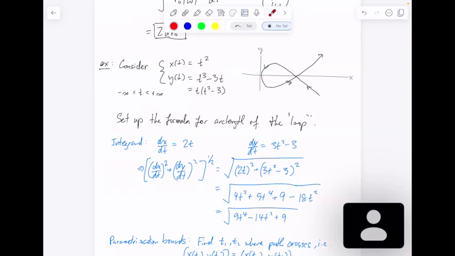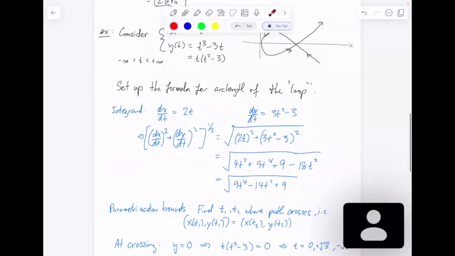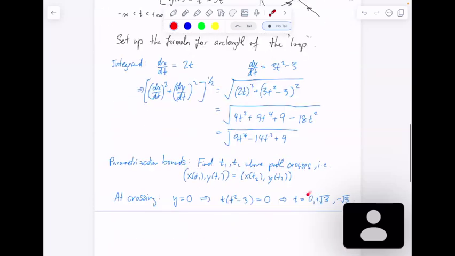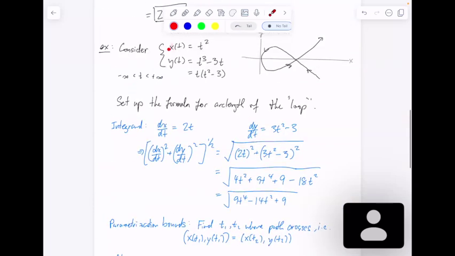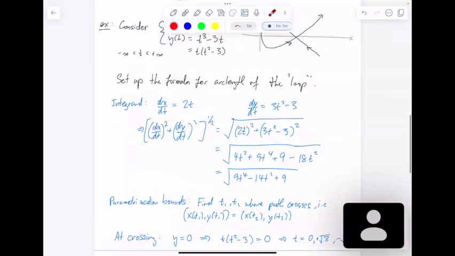So you're here. And there's no other time at which you're at (0, 0) again, right? Algebraically, you look at the equation for x equals 0, and there's only a single solution to that. That's when t equals 0.